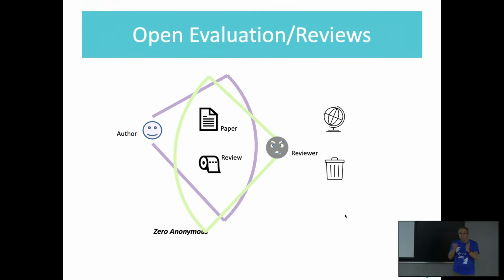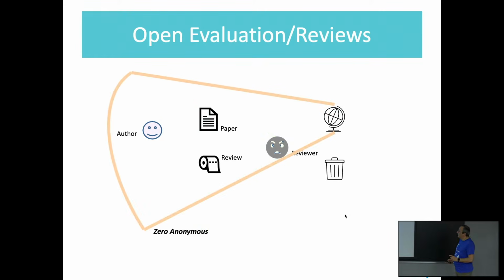Now, we went from single anonymous in one direction to double. Open science says no, go in the other direction, zero anonymous. Everything is in the open. The world knows who the author is, who the reviewer was, what the reviews were, and so on. And nothing goes to the garbage can. Now the reviewers have to behave.